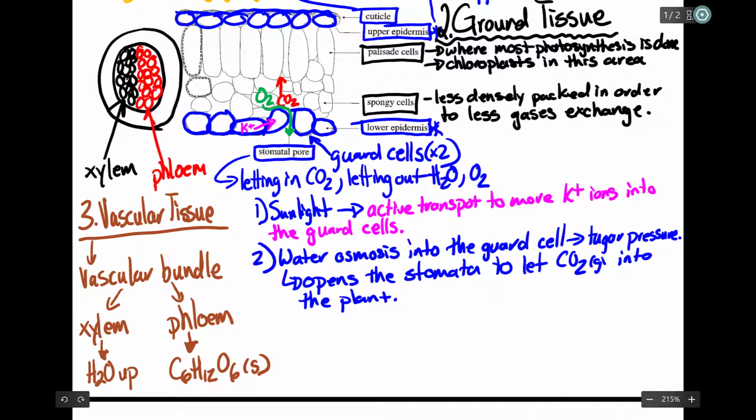So stuff comes in the xylem and it goes out the phloem, and the vascular bundle is part of the vascular tissue, which is responsible for moving those solutions and that water around the plant to where it needs to go.